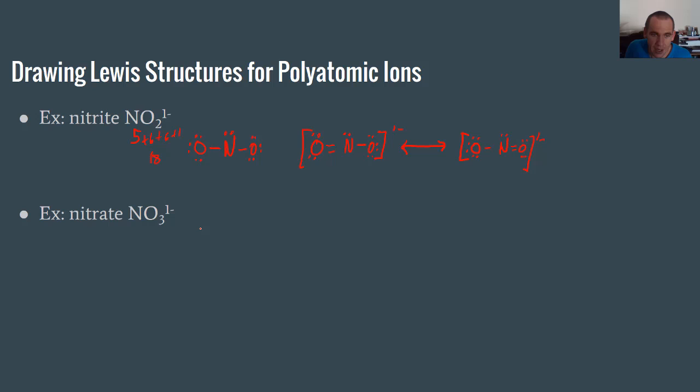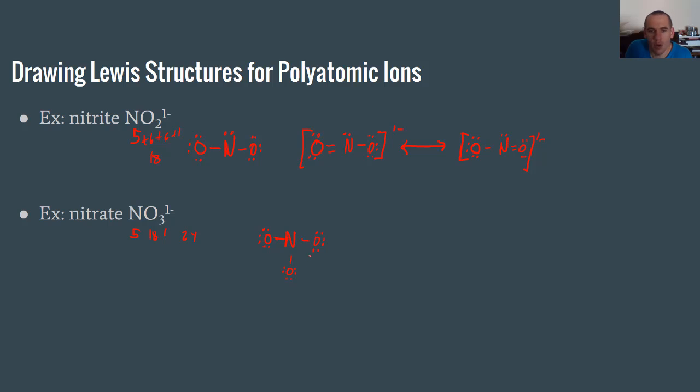And then nitrate, NO3 1-, so this has got another oxygen in it, so we've got our 5 valence electrons, then 18 more, and then 1 more, which gets us 24 valence electrons. So nitrogen, oxygen, oxygen, oxygen, and then that's 2, 4, 6 of our 24, so we have 18 left to place: 2, 4, 6, 8, 10, 12, 14, 16, 18.